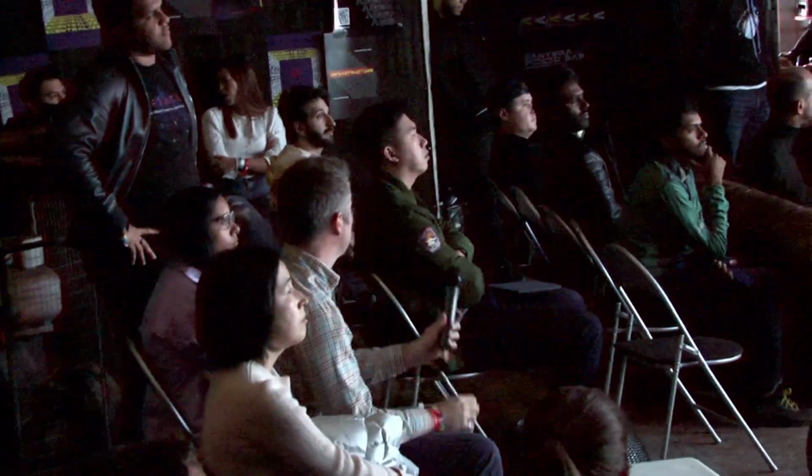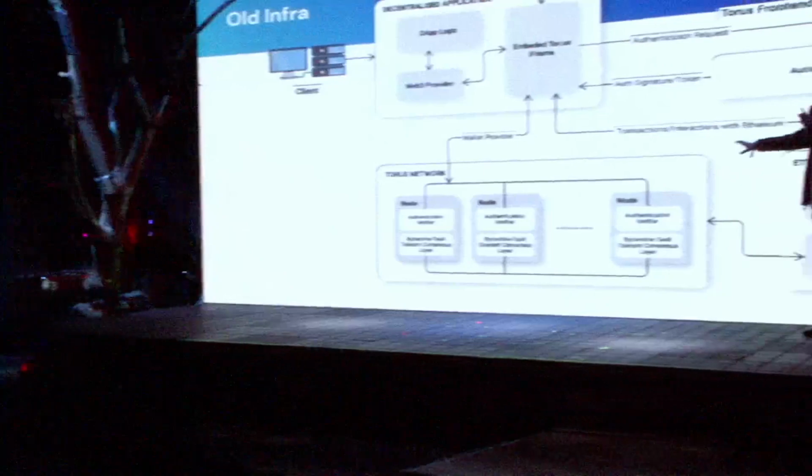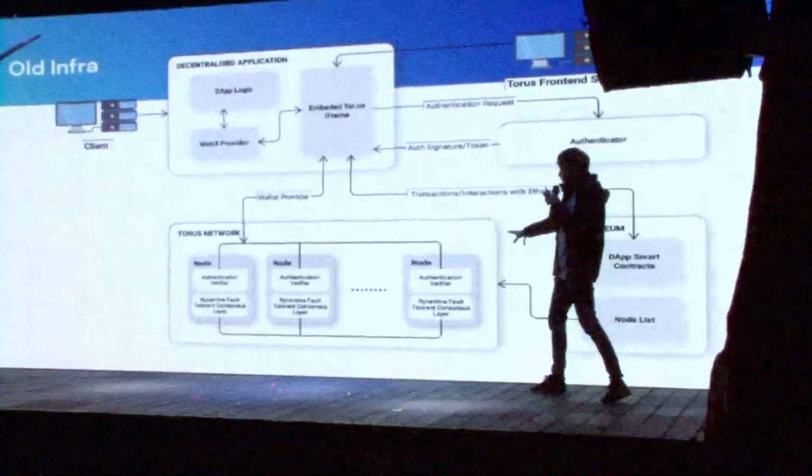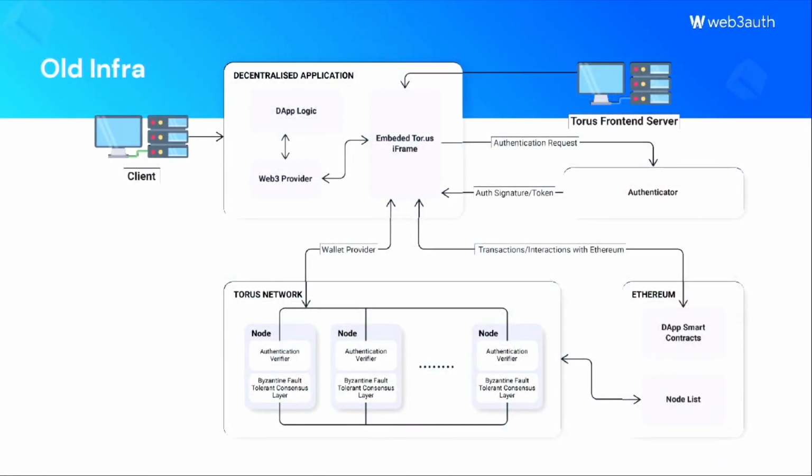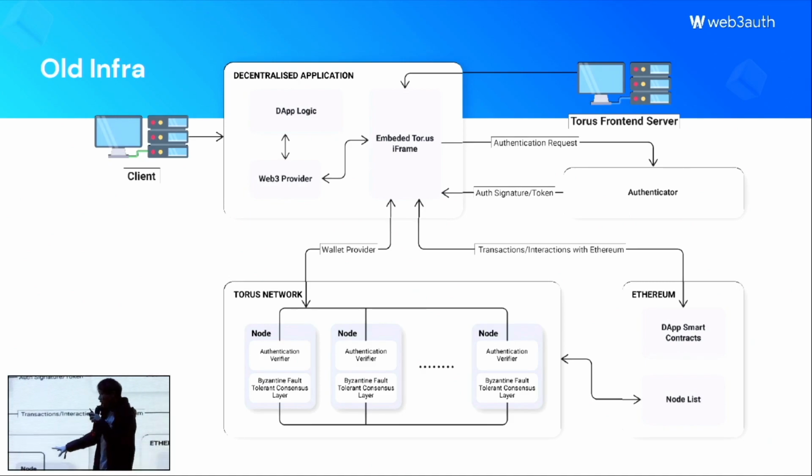Yep, absolutely. So with the old infrastructure, because it was static in terms of nodes, even if we increased the node count, we wouldn't be able to provide more logins or have better latency.